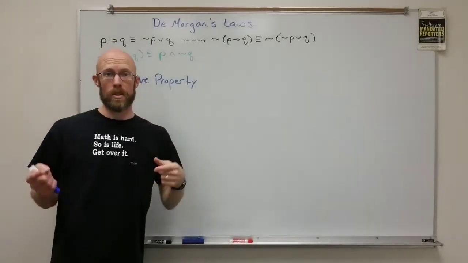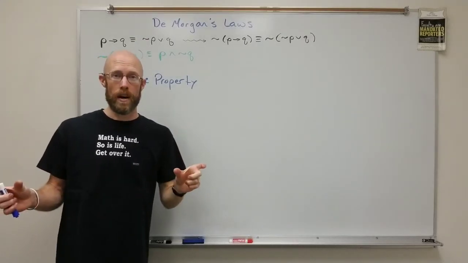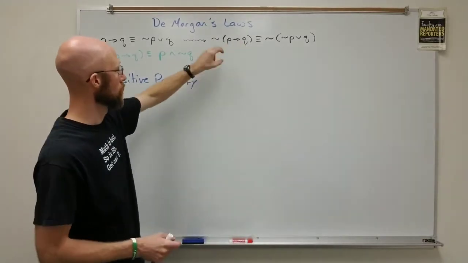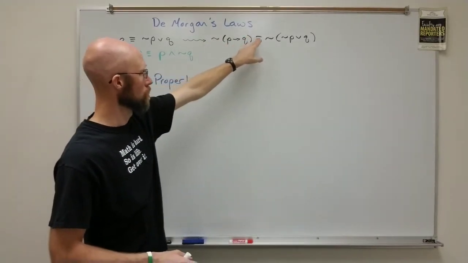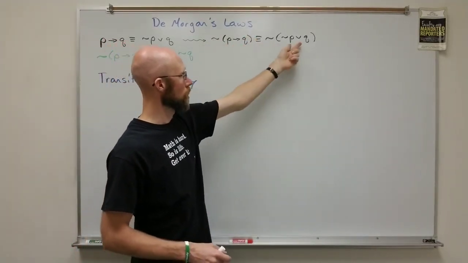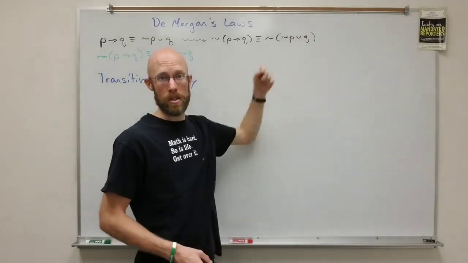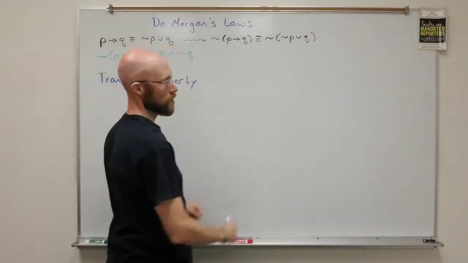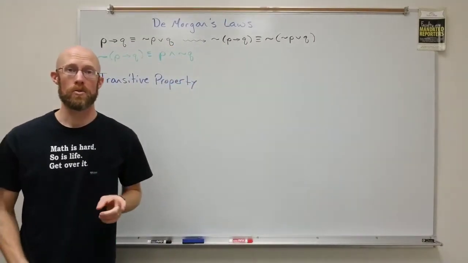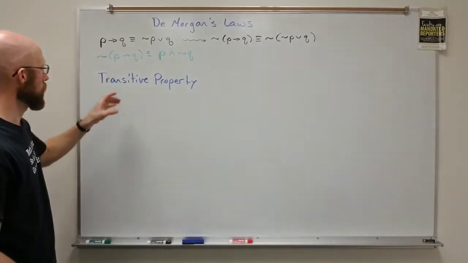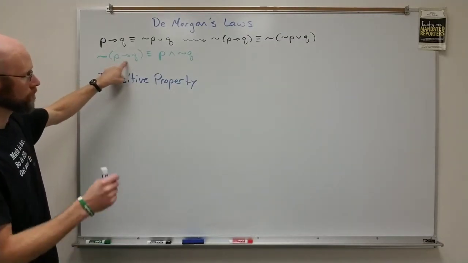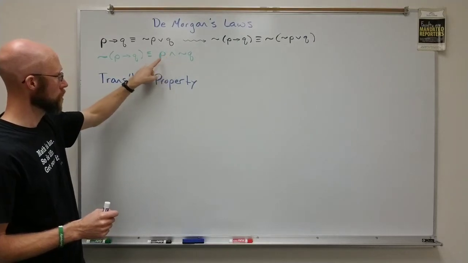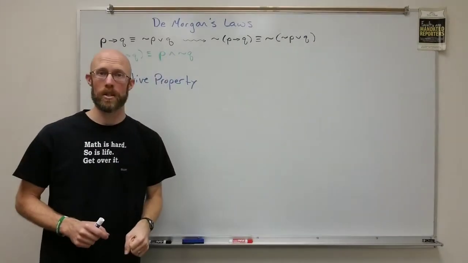What we then said is that if you negate both of them, the negations will also be equivalent. That's over here. The negation of the conditional is equivalent to the negation of that disjunction, okay? So the negation of each of these must also be equivalent. But what we also showed is that the negation of the conditional is in addition equivalent to a conjunction with the antecedent and the negation of the consequent.